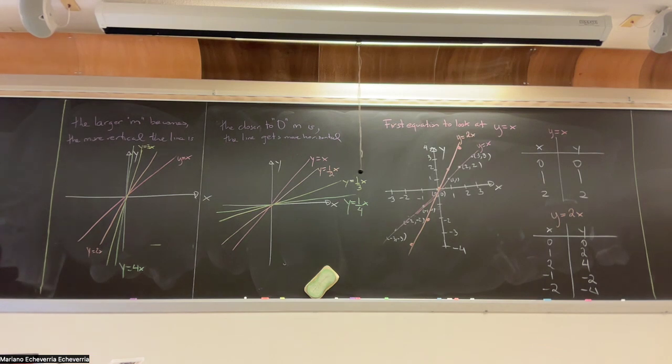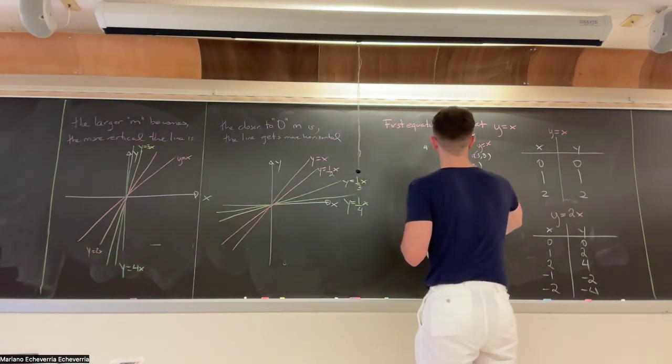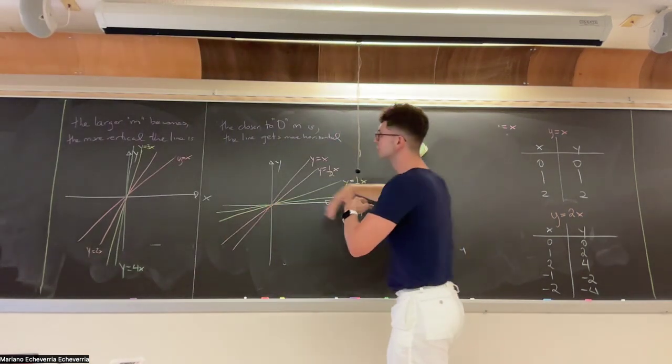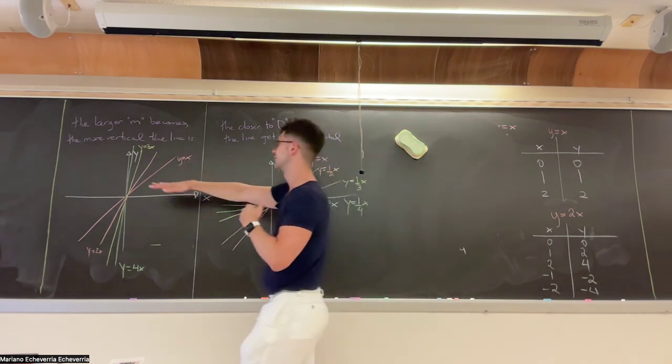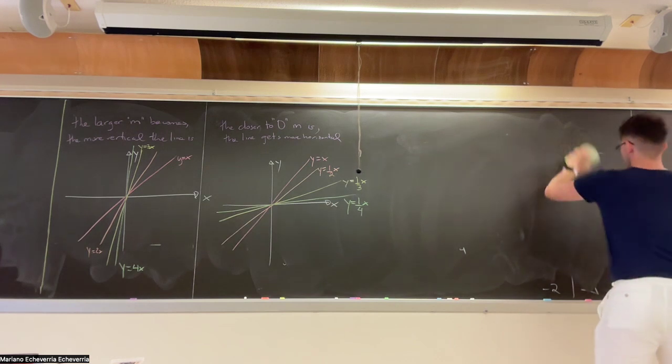And when the coefficients are negative, it's basically like a reflection of what I just did. If the coefficient in front of x is negative, you just reflect these lines with respect to the x-axis.